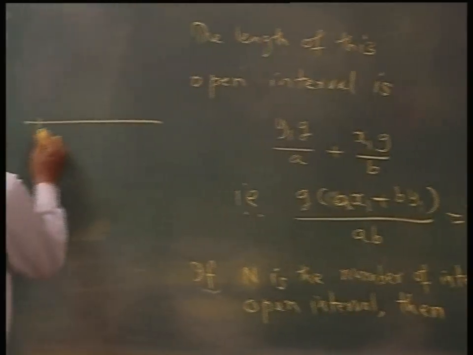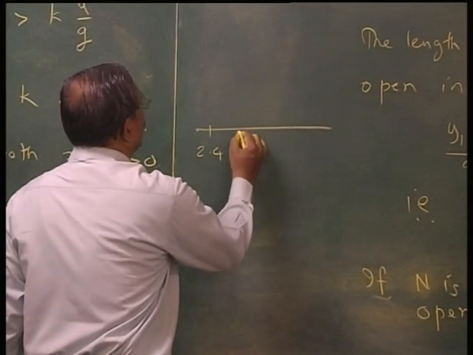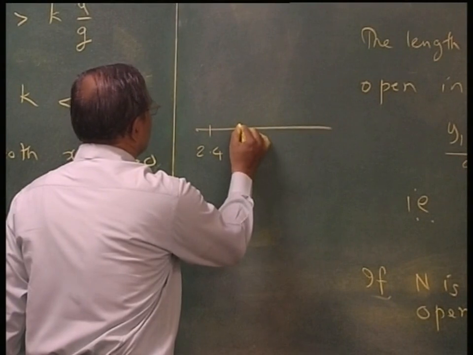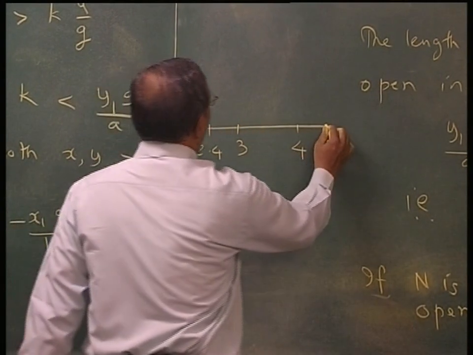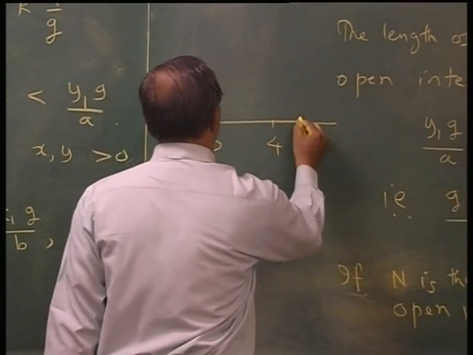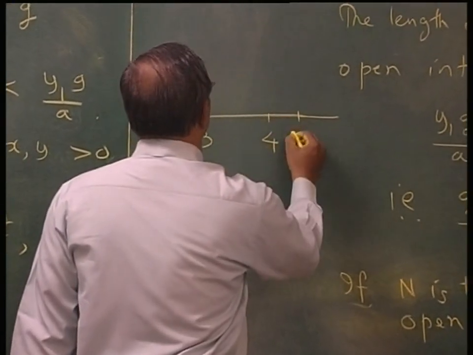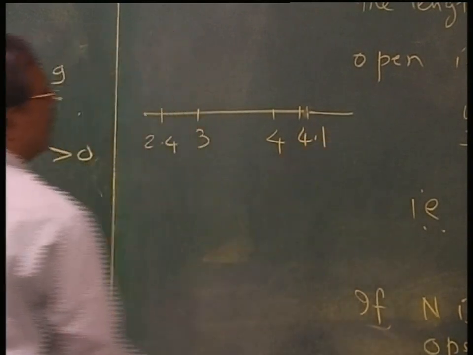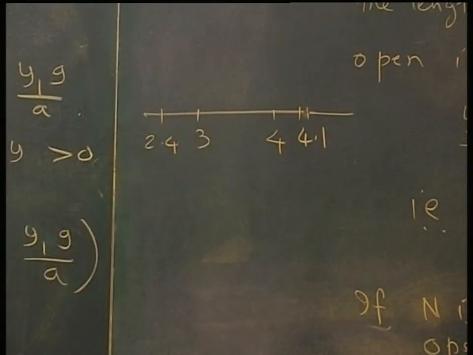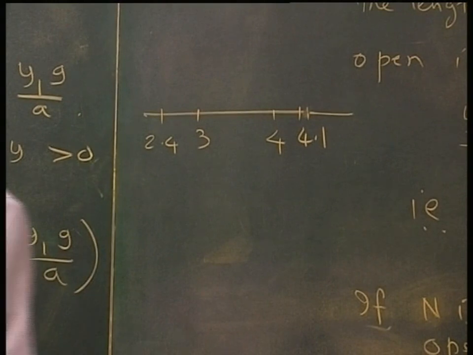like you can take 2.4, then 3, 4 and let us say 4.1. Maybe some interval of this type is there.